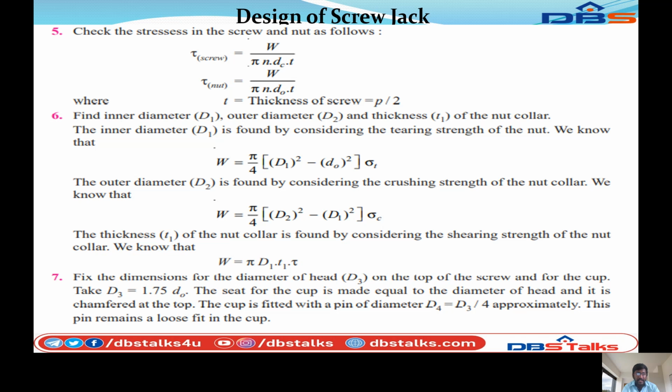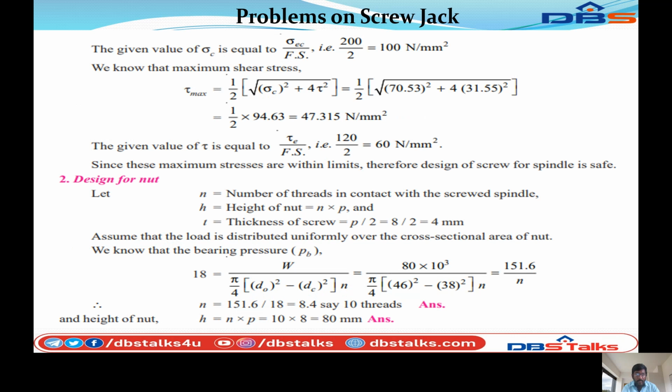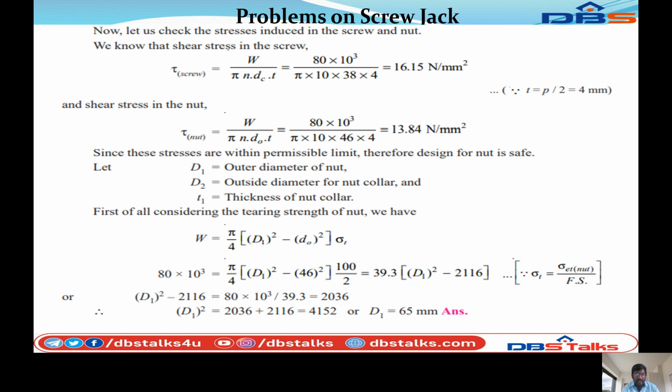So check the stresses in the screw and the nut. First we can check the screw. Tau screw is equal to W by pi into dc into T. So this formula is taken from the problem. So now we can check the stresses in the screw.